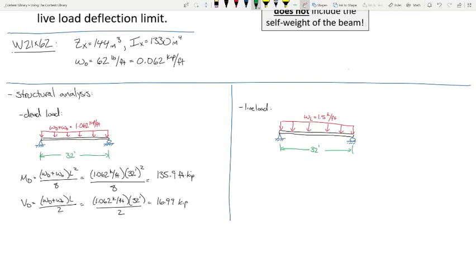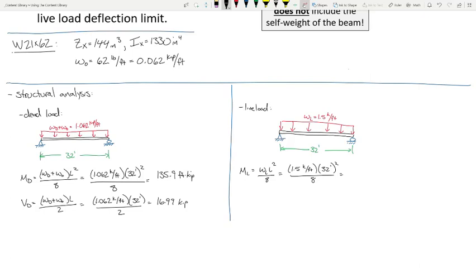I compute wL squared over 8, and I can walk you through this one because it's the same calculation.